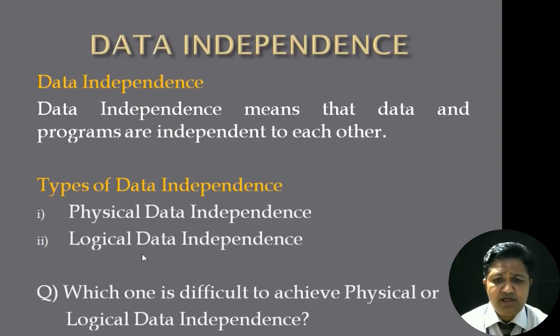Second is logical data independence, meaning any changes that we make at the logical level, that is, what data is actually stored, without causing any application program to be rewritten. It should not affect the next higher level, which is known as the view level.